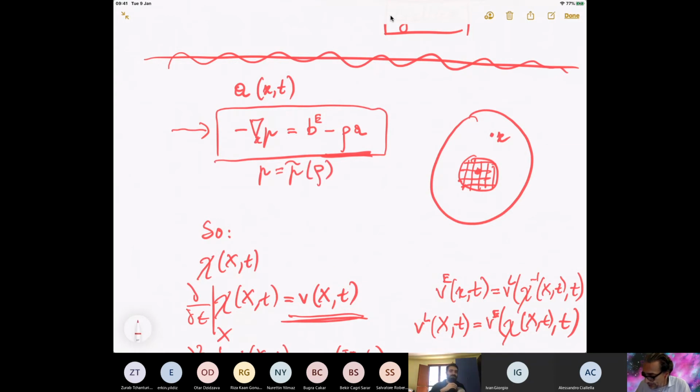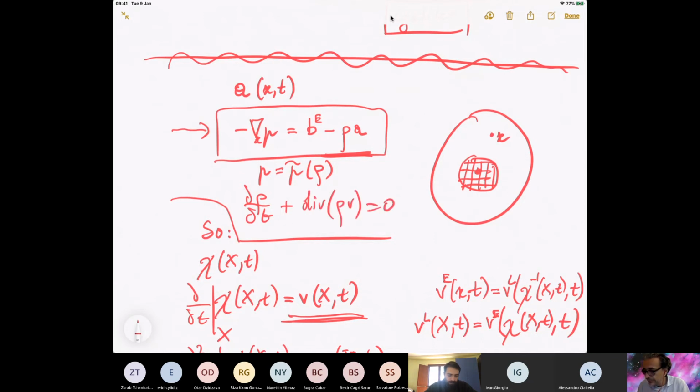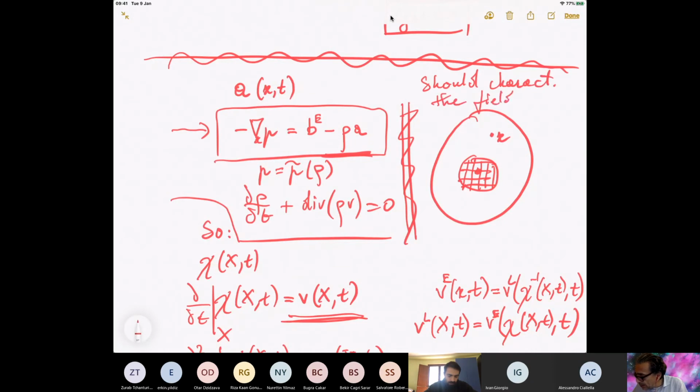And we write d rho over dt plus div of rho v equals 0. This set of equations should characterize the fields rho and v.